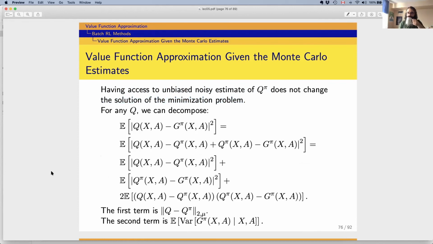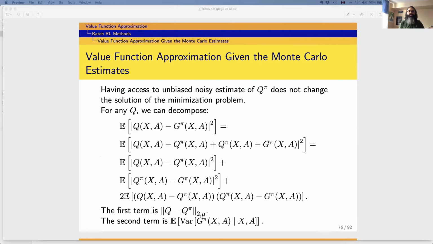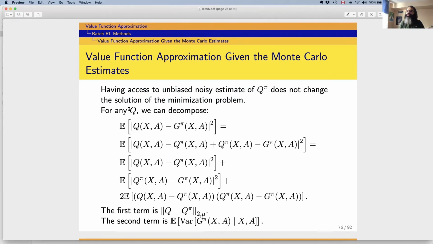You might have seen something like this in your introduction to machine learning, though not with Q. For any Q, we can decompose the expectation of the squared difference between Q(x, a) and G^pi, but we add and subtract Q^pi(x, a).